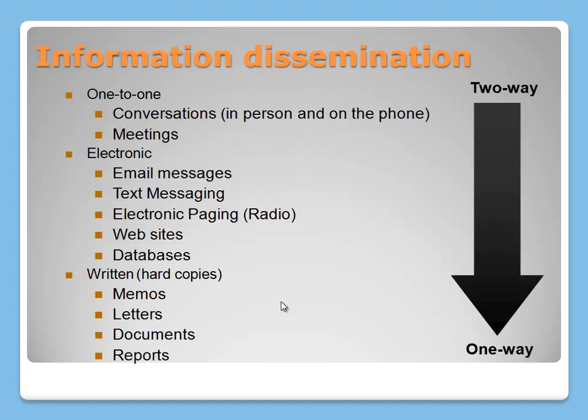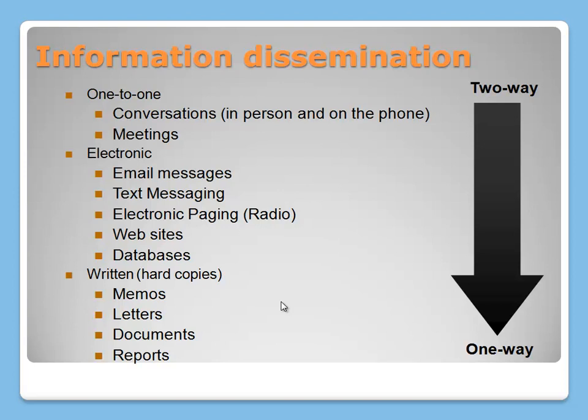The dissemination of the information could be either two ways or one way. It can start from face-to-face, one-to-one conversations or meetings. It can later be translated into electronic communication through email messages, maybe text messaging, electronic paging, radios, or websites or databases.